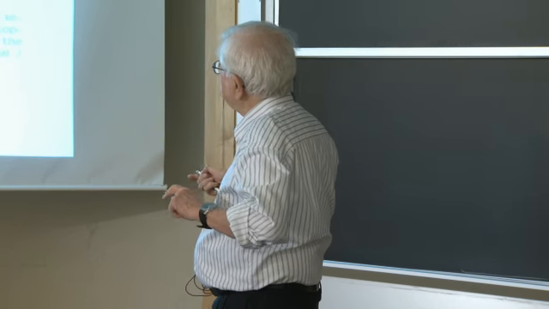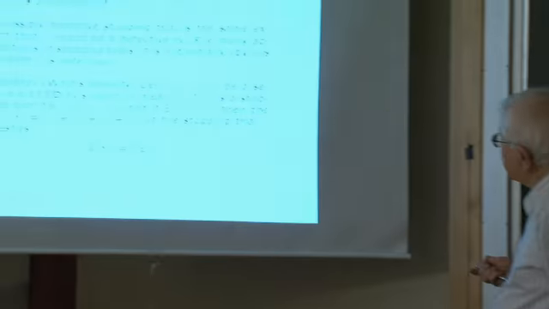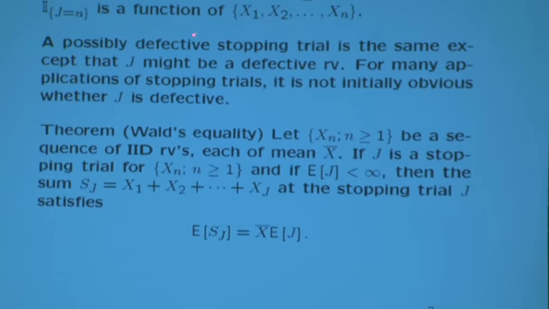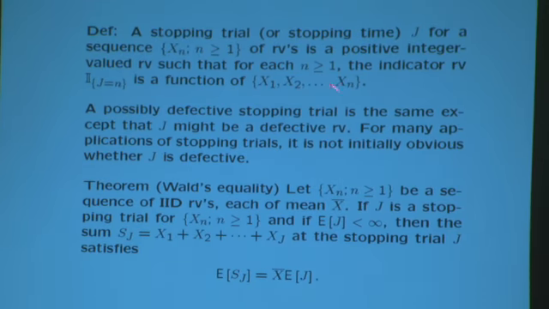Now the condition here is that this indicator of J equals n is a function of these quantities here. When you add the IID condition, what you find is that the indicator function for J greater than or equal to n is also 1 minus the indicator function for J less than n.